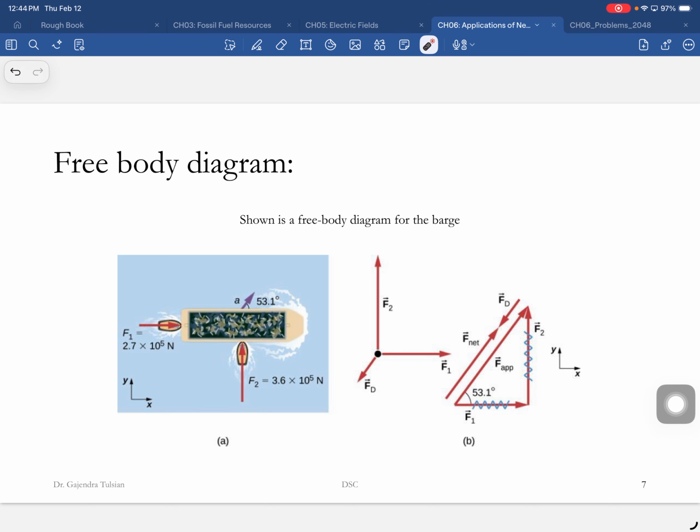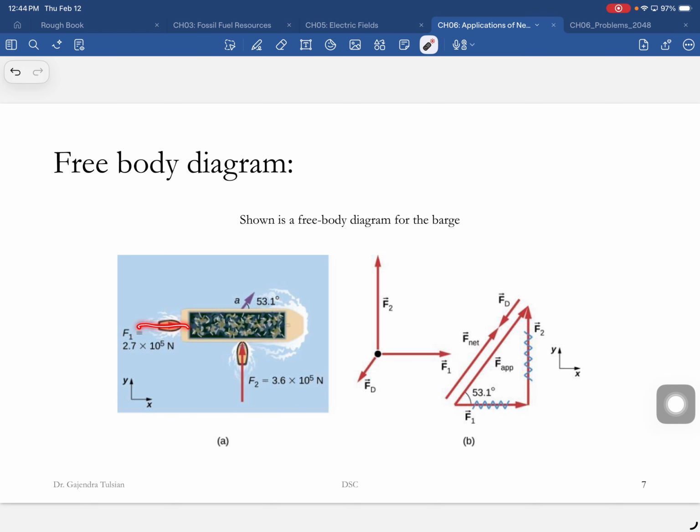Everybody understand that? So why is it not spinning now? Right. So you intuitively knew this: all these forces are going through the center of mass. So right now that's the situation we'll be considering.